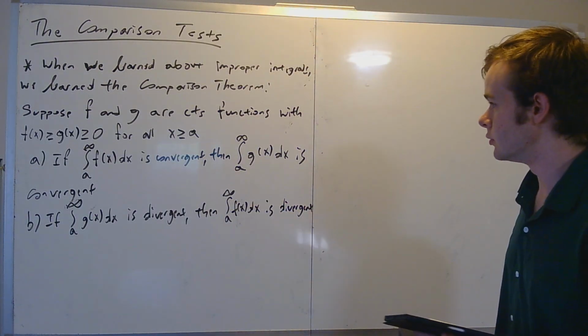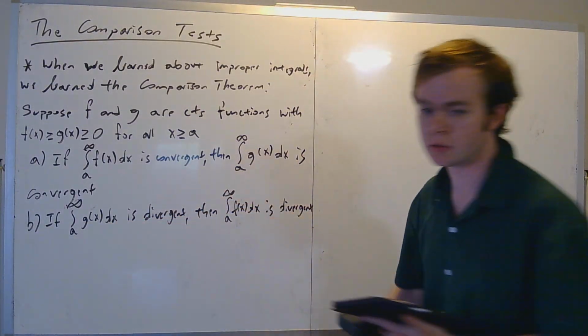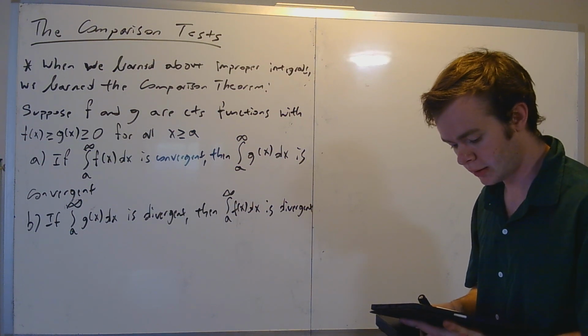Okay, so here we can say if the smaller function is divergent, then the bigger one better also be divergent.